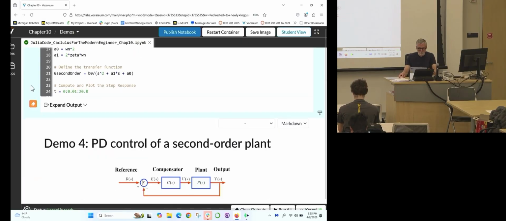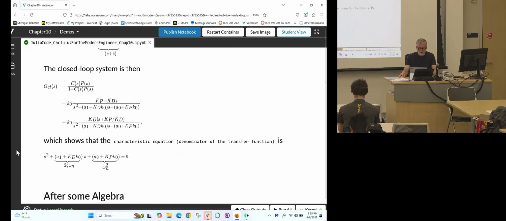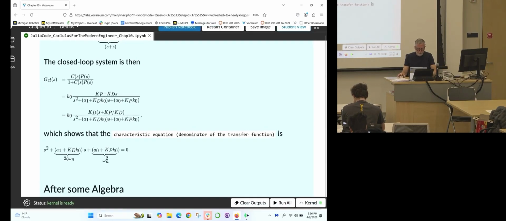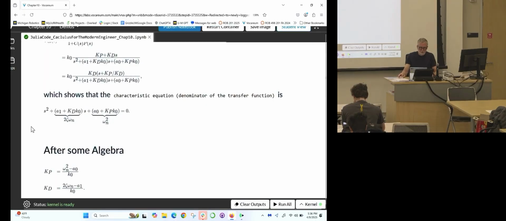Yeah. Okay. And then you see that the derivative term changes what multiplies s, and the proportional term changes the constant part of the denominator. So we are shaping the poles by adjusting the gains. Okay? But we're doing it a little bit indirectly, in that we're writing the poles in terms of a damping ratio and an undamped natural frequency.